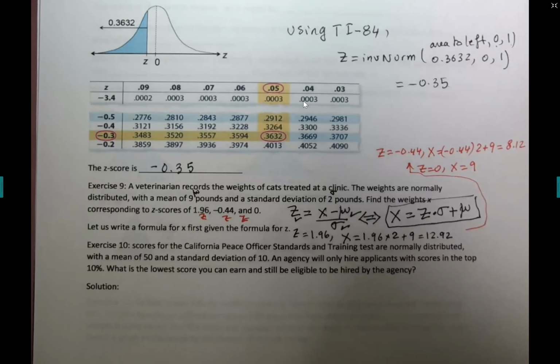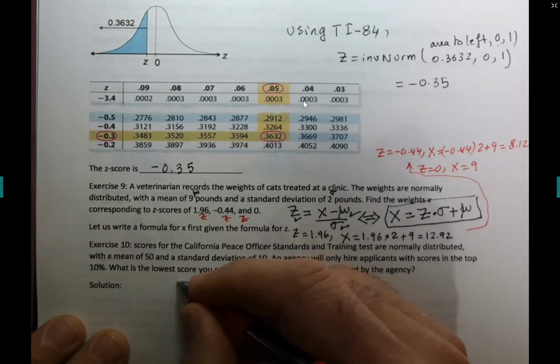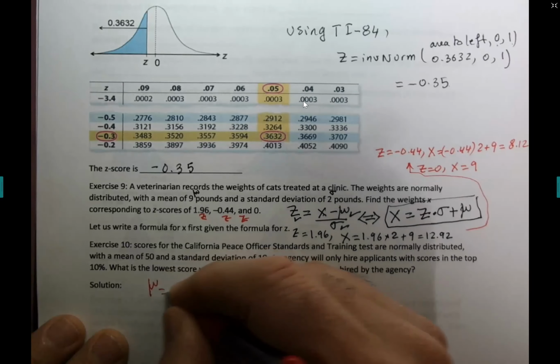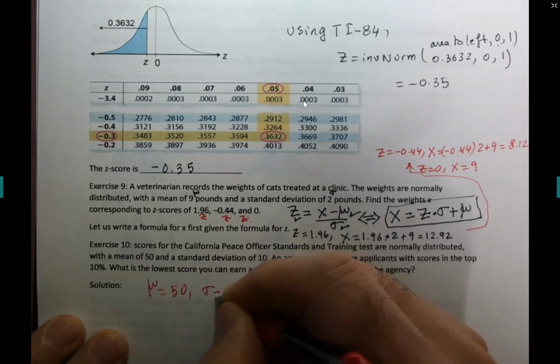We cannot do any work in this chapter, guys, if the data cannot be graphed using a symmetric bell-shaped distribution. If it's not bell-shaped, all of the work that I'm doing here does not apply. It's all based on the normal curve. The mean is 50 and the standard deviation is 10.